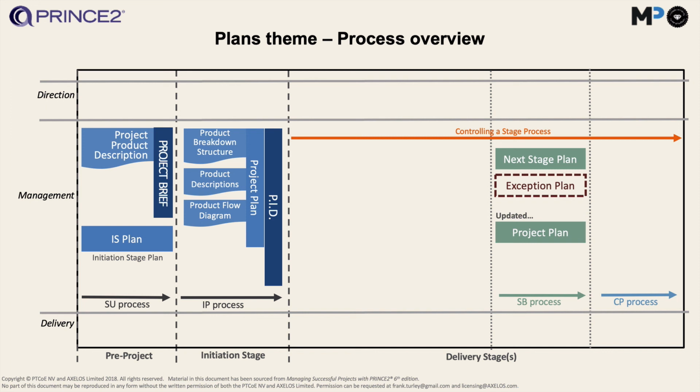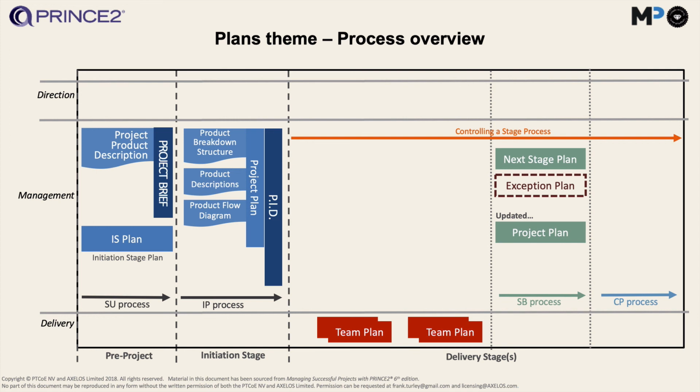And maybe the end date of the project is moving back all the time, so we always have to update that. So the project plan is like a living document. It should always represent the current status and the current projection of when the project will end. And that's why we update it there.